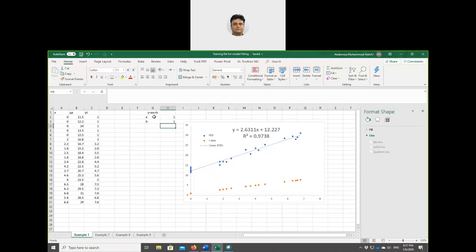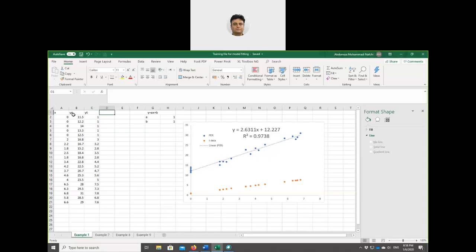For this method, a statistician recommended that you deduct yp and yt, make it power 2, and sum all of them, and this summation must be minimized.